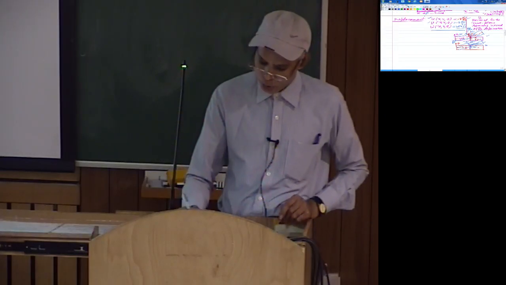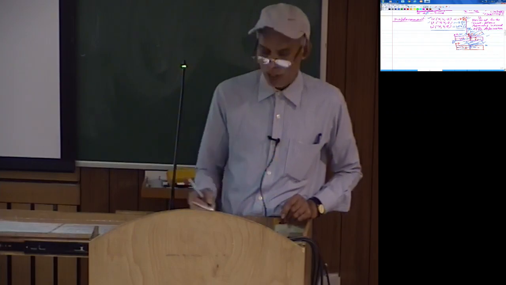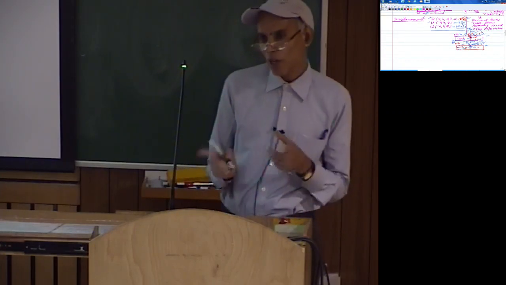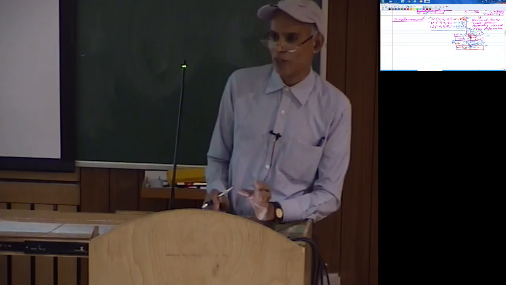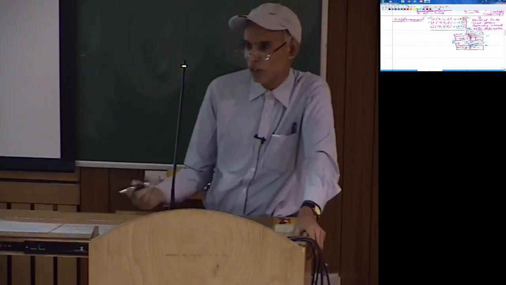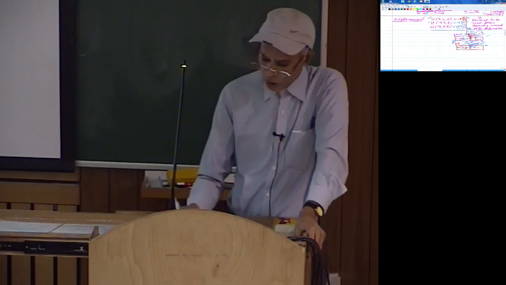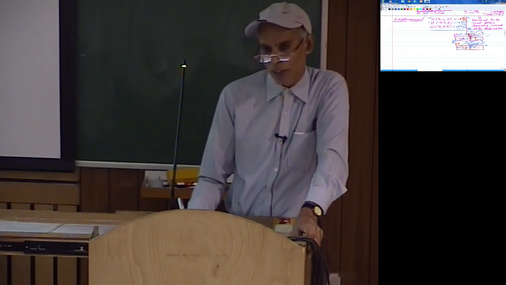Since u and v are expressed in terms of del w by del x and del w by del y, we have to make sure that w as well as del w by del x and del w by del y are continuous across the element. Similar to Euler-Bernoulli, where v and dv by dx should be continuous across the element. So this requires continuity of the variable w as well as its first derivative.